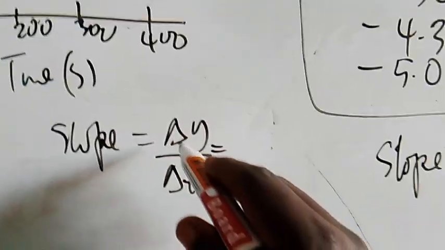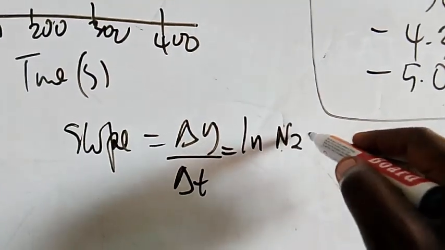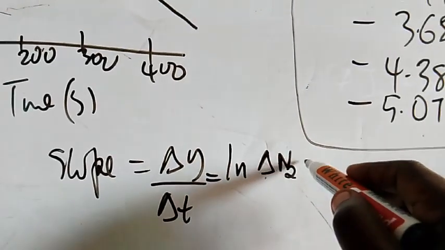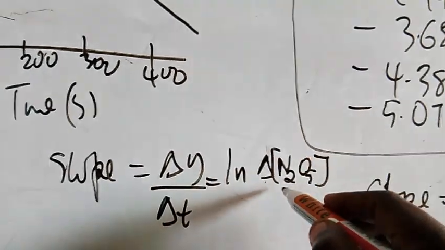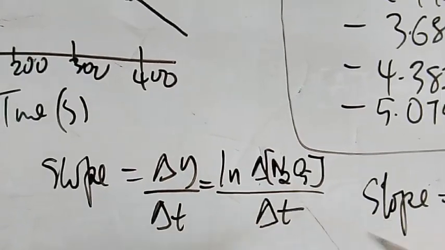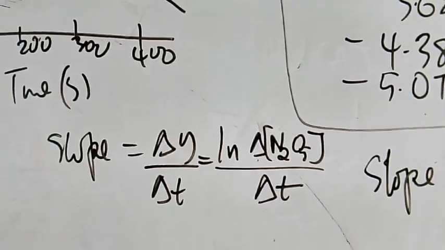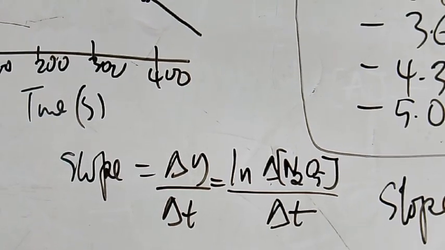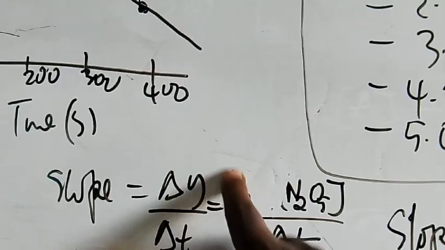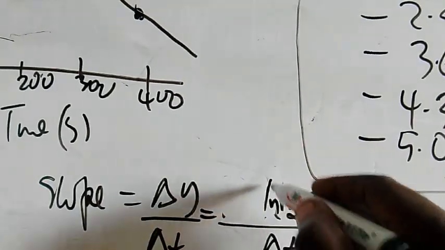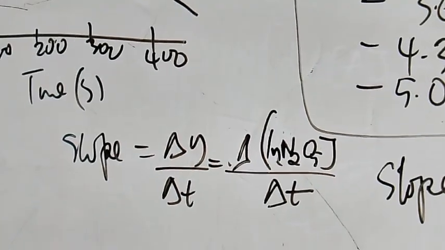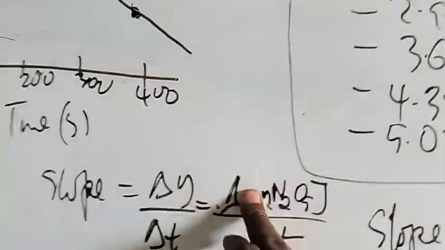In this case, our delta y is ln N2 over delta t. Okay, so that is our slope. Or you can write it like this, you can put the delta outside the brackets.